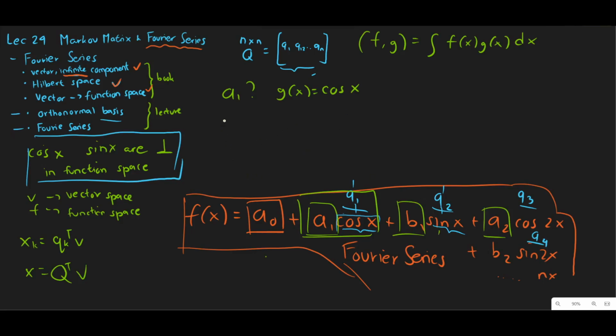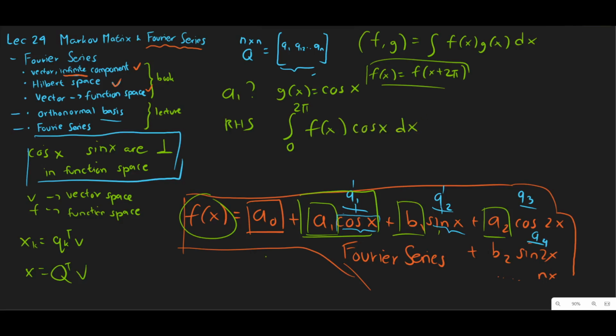On the right hand side we have f(x) times g(x), which is the integration from 0 to 2 pi. Remember 2 pi, because we're interested in cos x and sin x, and they keep repeating, f(x) plus 2 pi. So the right hand side is the integral of f(x) cos x dx.